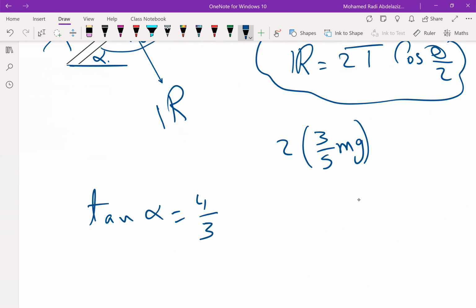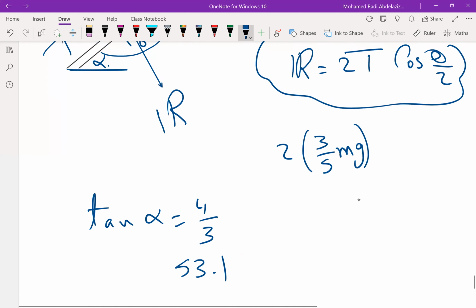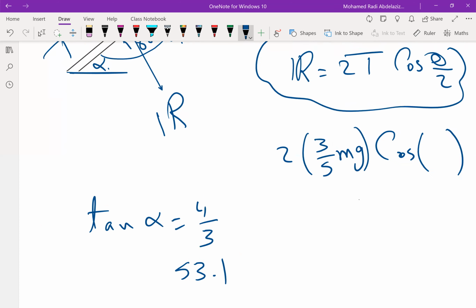This answer will be 53.1. But the angle up is 180 minus this answer. So 180 minus 53.1, the answer is 126.9. So to get the resultant will be cosine of this angle divided by 2.